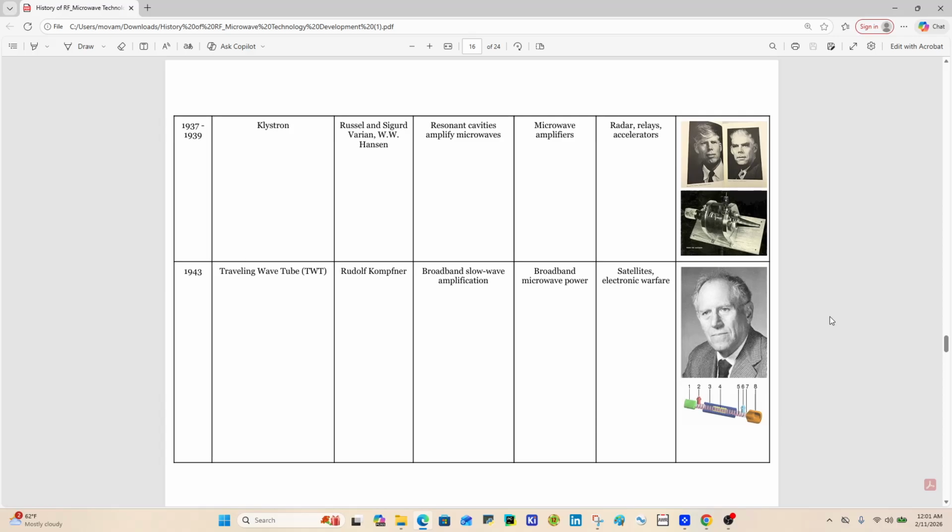In 1937, the klystron was invented by Russell and Sigurd Varian and Hansen, and it's the first practical velocity modulated microwave amplifier. It is a linear amplifier, and when the beam velocity matches the cavity phase velocity, you have a strong interaction that leads to the amplification.